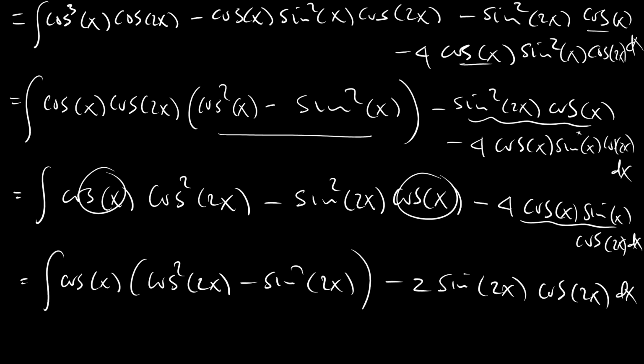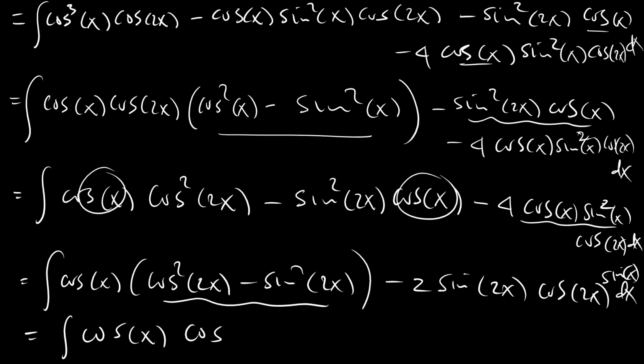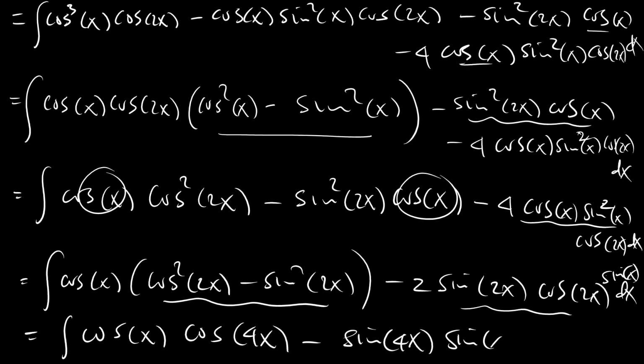So this is squared here. We missed our squared there. And so we have sine of x there. So this here is the same as cosine 4x. So we have cosine of x cosine of 4x, and this here becomes sine 4x, and then we have sine of x.